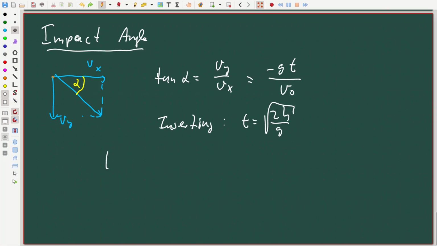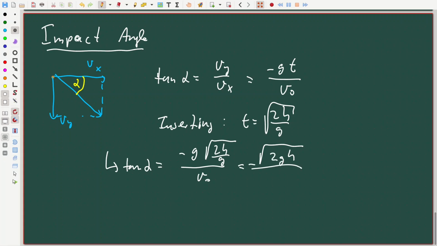So from this it follows that tangent alpha is equal to minus g times the square root of 2h over g, divided by v0, and this at the end results in minus the square root of 2hg divided by v0. And again, it's an important formula, so I would like to highlight that.